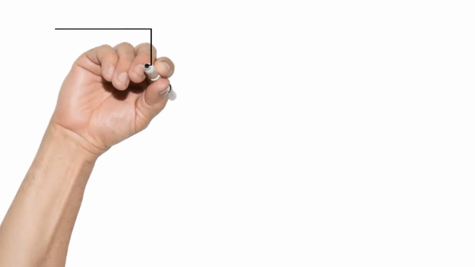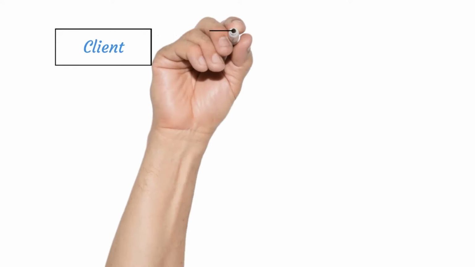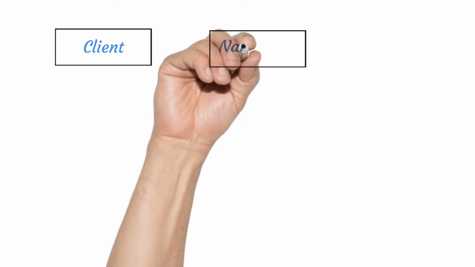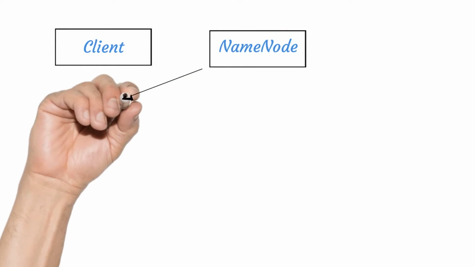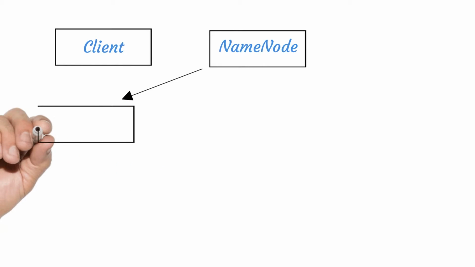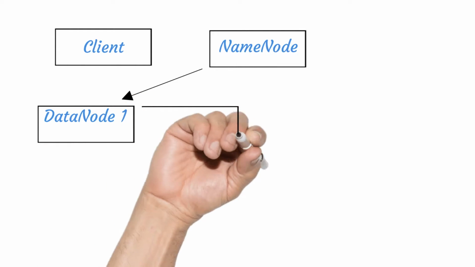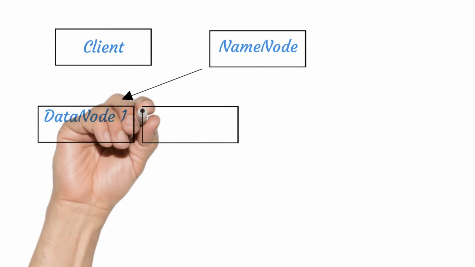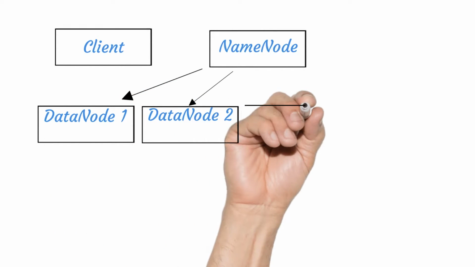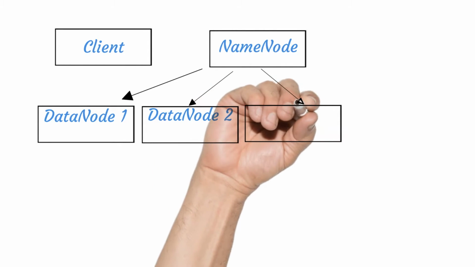HDFS follows master-slave architecture. HDFS consists of two types of nodes, that are master node and slave nodes. The master node manages the file system namespace. That is, it stores the metadata about the blocks of files. The slave nodes store the user data and are responsible for processing data based on the instruction from the master node.